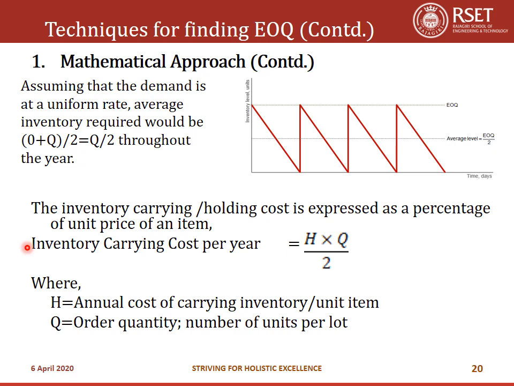That is, at one point the godown would be at full capacity and would have to carry all the Q units, whereas at one point there would be 0 units in the garage. So throughout the year we are taking an average value. We assume an order of Q by 2, and so we take this uniform rate of Q by 2 and multiply it with the inventory carrying cost H. That would be the inventory carrying cost per year, H into Q by 2.